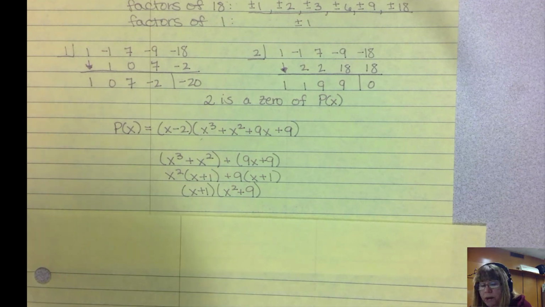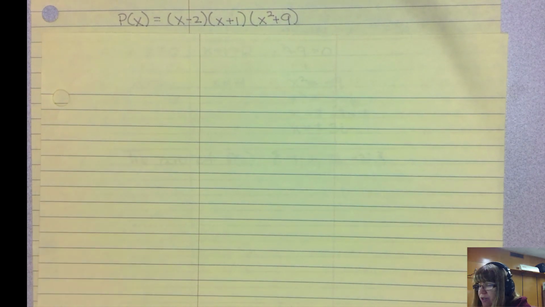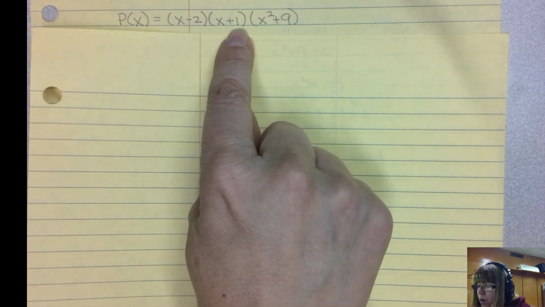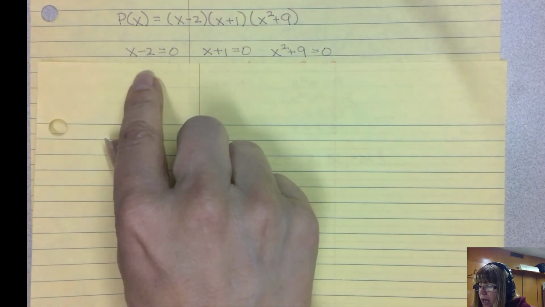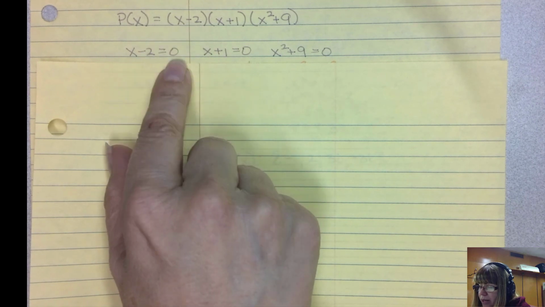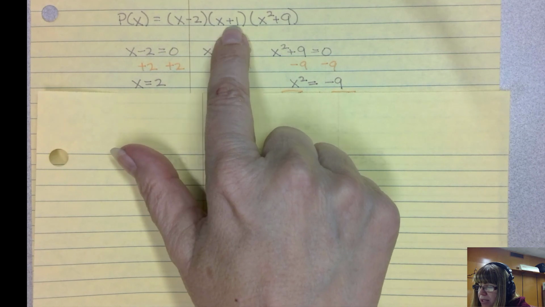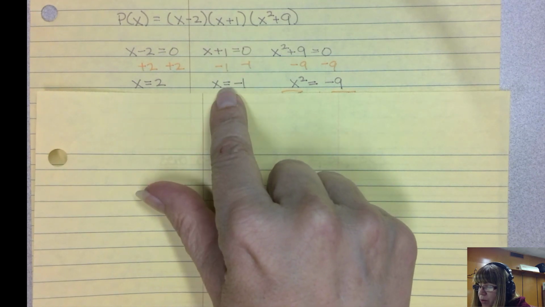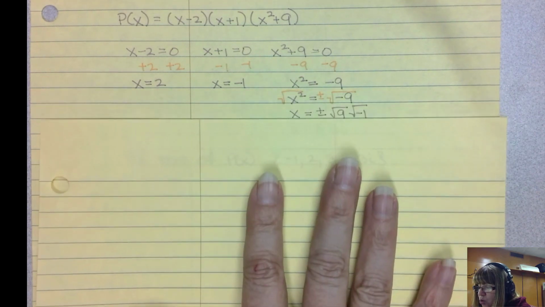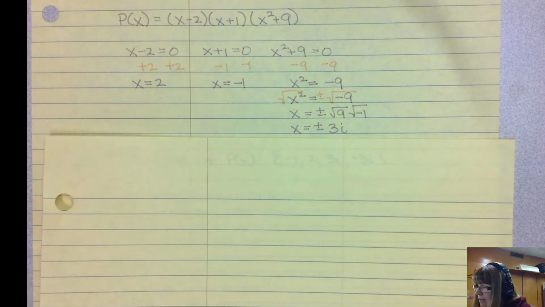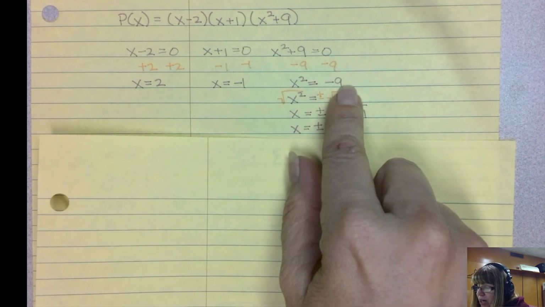Now, here's what I want to do. I can rewrite our original polynomial using our factors. We have x minus 2, x plus 1, x squared plus 9. Okay, I know that x minus 2 gives me an answer of 2. I know my x plus 1 will give me x equals negative 1. And when I move the 9 over, I get x squared equals negative 9.